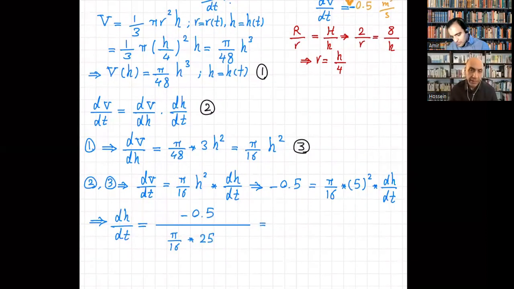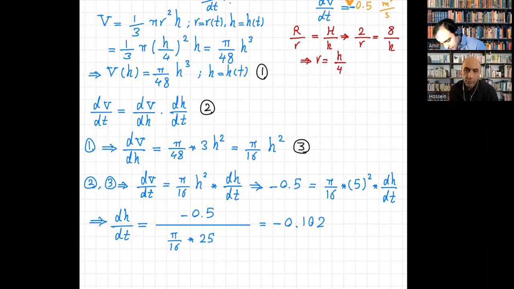Okay, I have a calculator here. Negative 0.5 times 16 divided by pi times 25. Okay, it is negative 0.102.